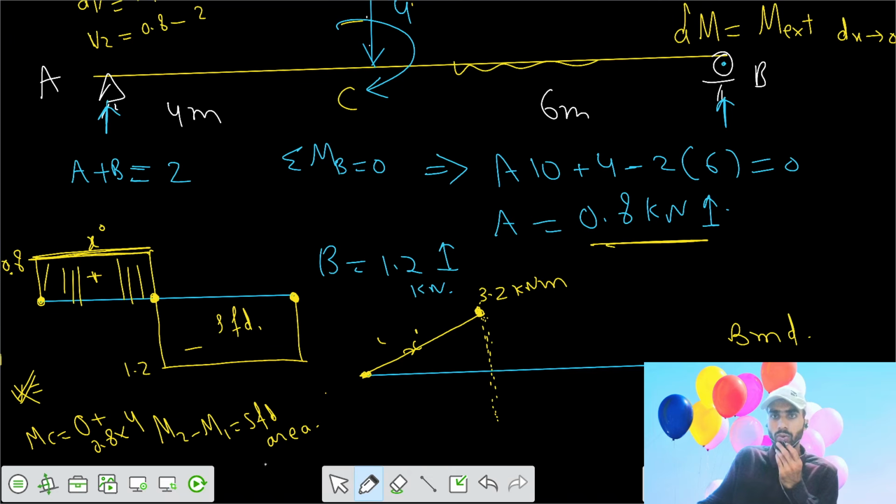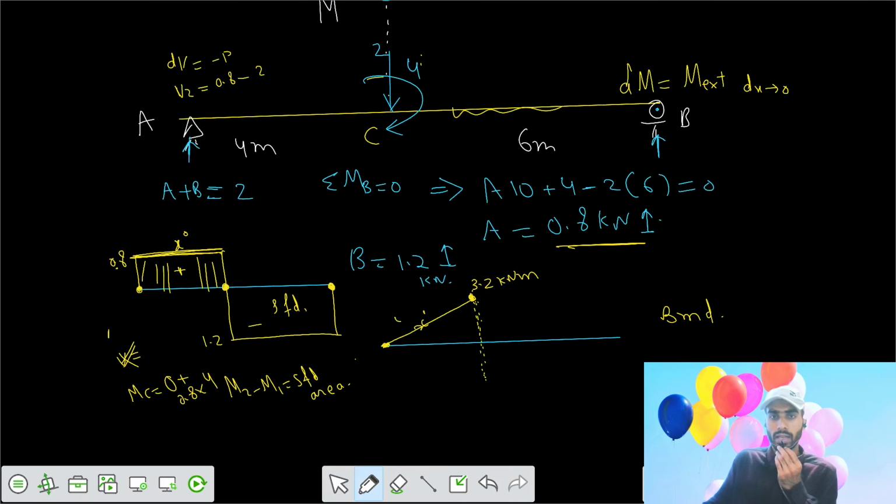So we can write that the moment just after point C equals the moment just before, which was 3.2, plus your M external. Your M external is a clockwise moment, so if the moment is clockwise, then it is to be added. So your final value becomes 7.2 kilonewton meter. So your BMD jumps up by a value of 4. The final value becomes 7.2.